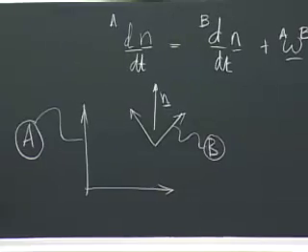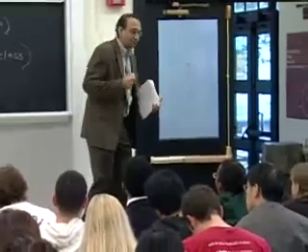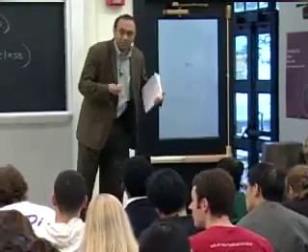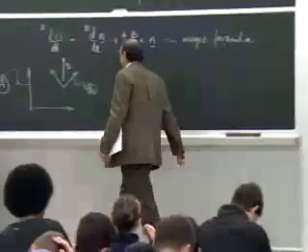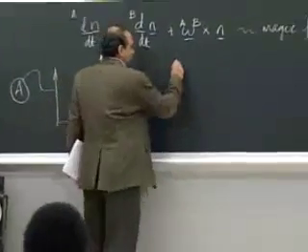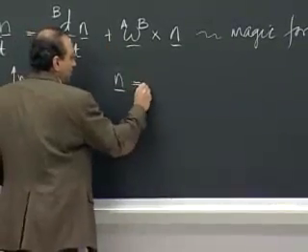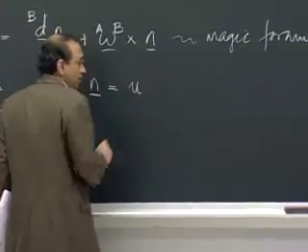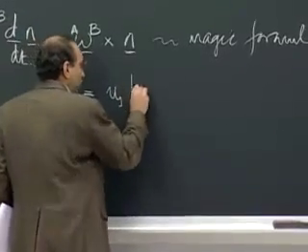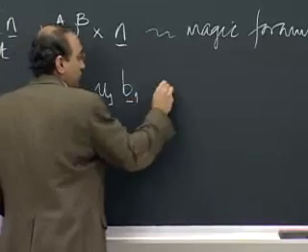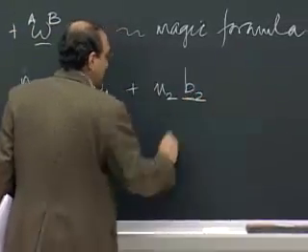For example, maybe it's fixed in frame B, maybe it's a spider walking away from the center of frame B, which is the frisbee, whatever. Let's assume that you have a vector written in terms of frame B's unit basis vectors. Let's assume n is equal to u1, which is not a constant, times b1 plus u2 times b2.